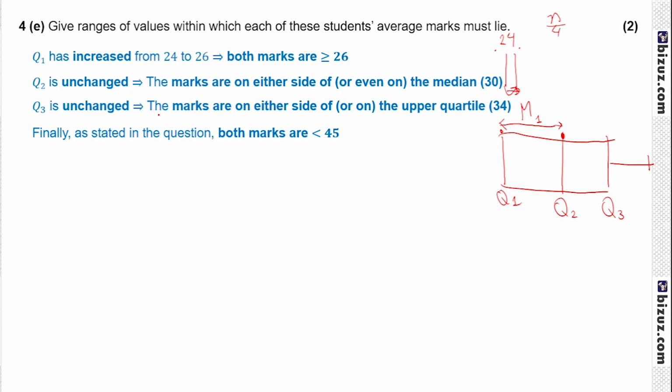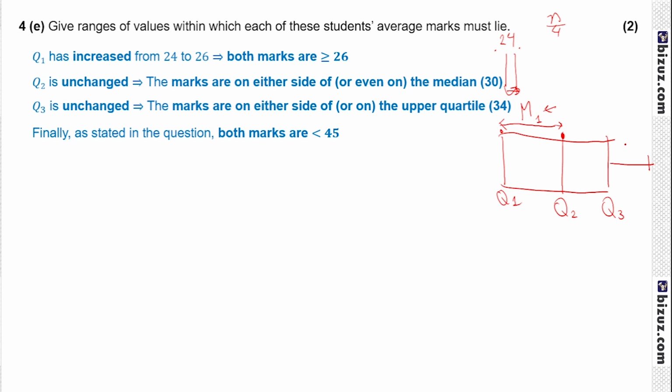All right, so the other mark must be on either side of the upper quartile or on the upper quartile. Now, one of them is already on the left of the upper quartile. As you can see here, M1, we are deciding that it's on the left of the upper quartile.